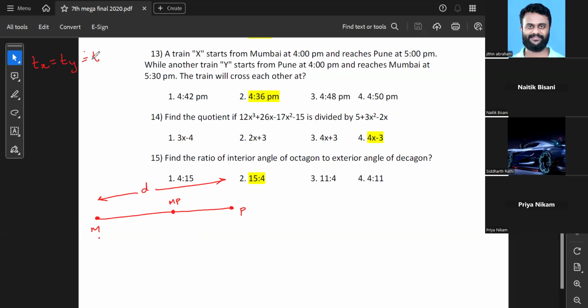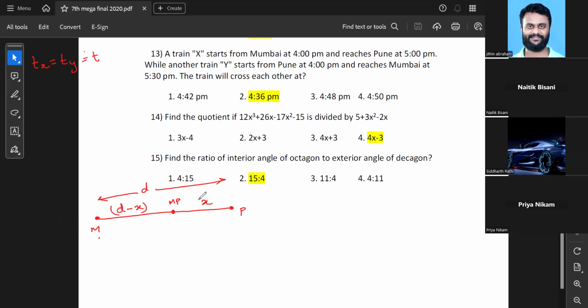Let me call that time T to reach the meeting point. Now the distance traveled by the Pune train, let me call it X. Then the distance traveled by the Mumbai train will be D minus X.